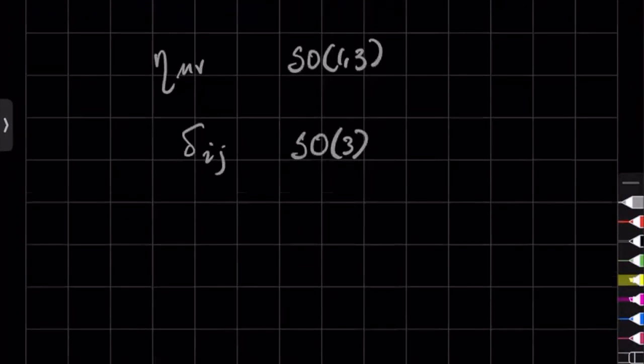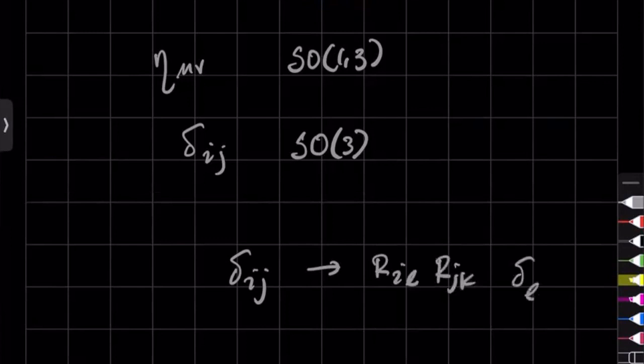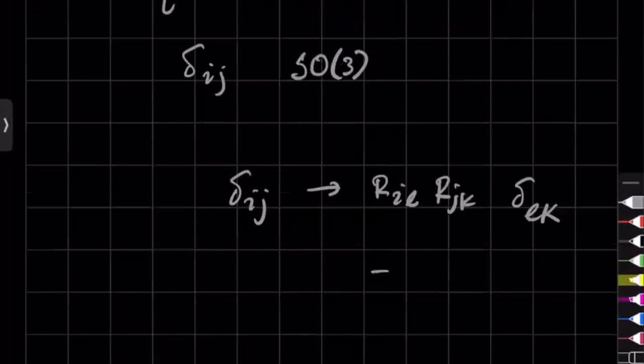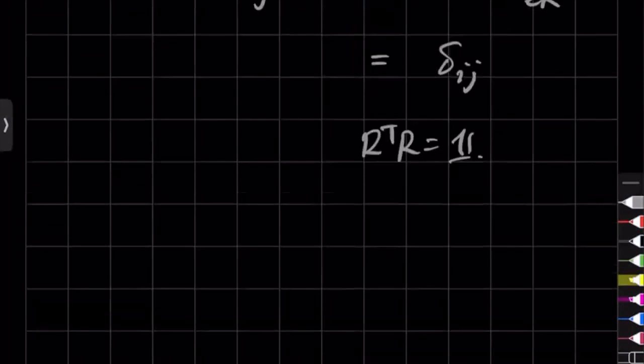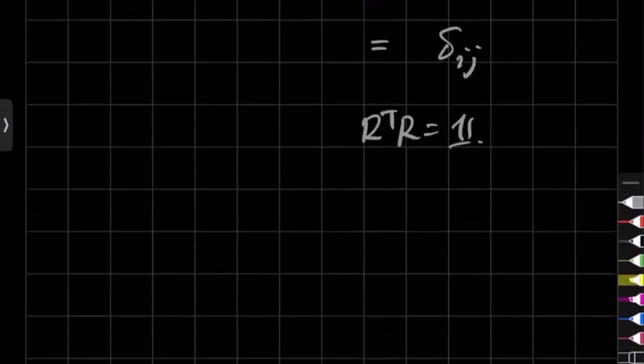And of course, δ_{ij} under a rotation is R_{iL} R_{jK} δ_{LK}, and this has to be equal to δ_{ij}, and this is nothing but the statement R transpose R is 1, which is the O(3), or yeah, okay. So let me give you another example of an SO(3) invariant tensor.